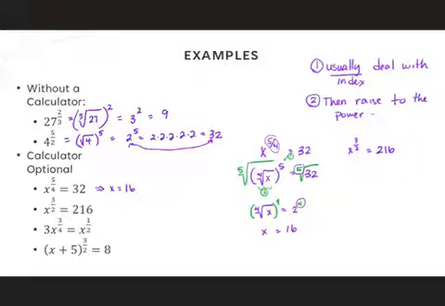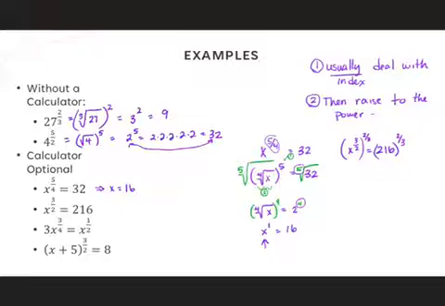And we ended with x to the 1st power. So your goal is to have that variable be to the 1st power. And when I have a fraction, the way to make it equal a 1 is to raise it to a reciprocal. And if I do that on the left, I have to do the same thing on the right.